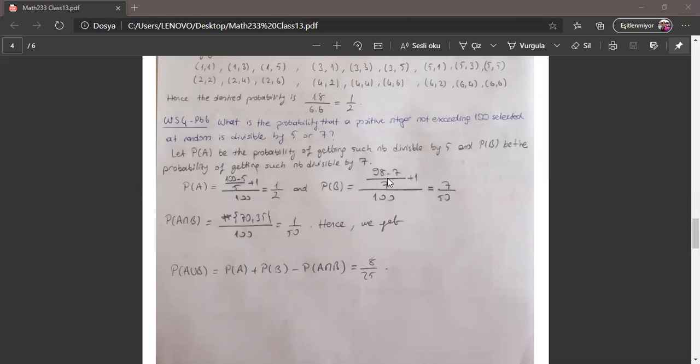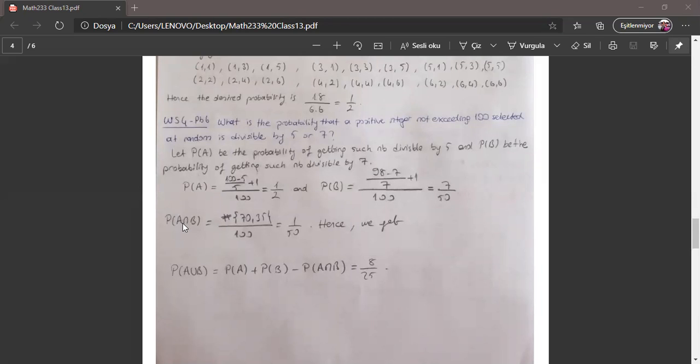Similarly, we get this. The first positive integer divisible by 7 is 7, okay? And the last integer divisible by 7 less than 100 is 98. So we write the same formula for 7 and get 7/50.